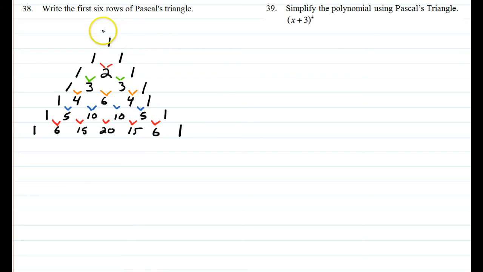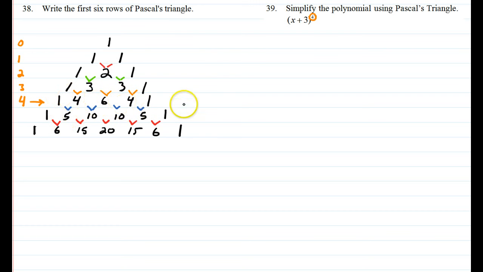Alright, so now we have the first 6 rows, and so now we're going to use the rows to do number 39, simplify the polynomial x plus 3 to the 4th. So the one thing you have to remember is that these correspond to the power, and so we have to start with 0. So like this, where there's 0 power, first power, second power, third power, fourth power. So this is the row I'm going to use because of the 4.